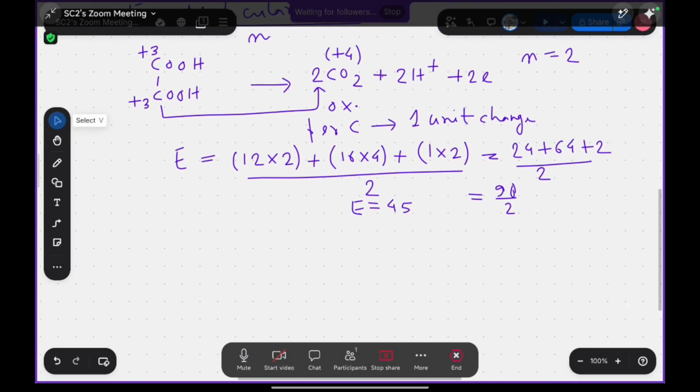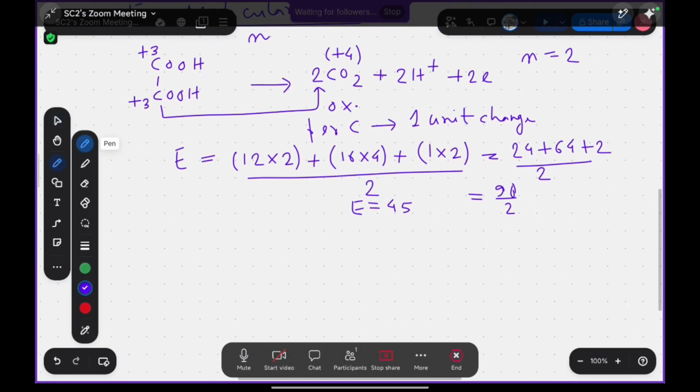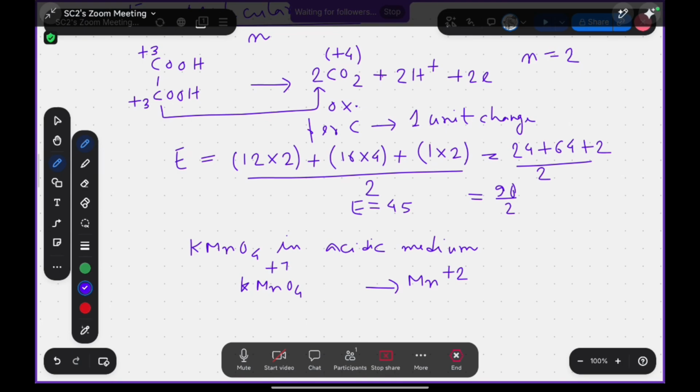Say, if I choose potassium permanganate, KMnO4, in acidic medium. What happens? Let's see the reaction first. KMnO4 changes to Mn+2 in acidic medium. Manganese +2. That means from +7 to +2.